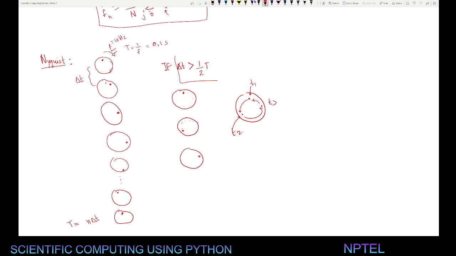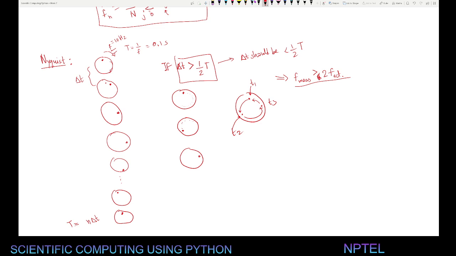So this criterion means that delta t should be less than half the time period, and this means that the frequency of measuring should be greater than twice the frequency of the actual moving object.